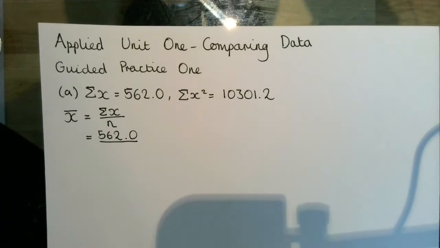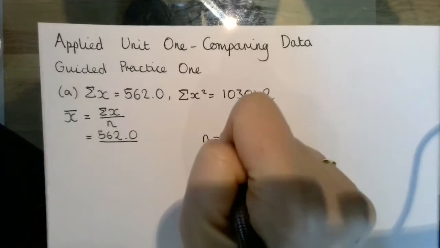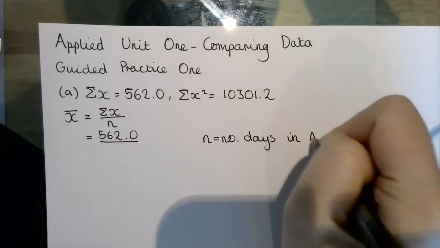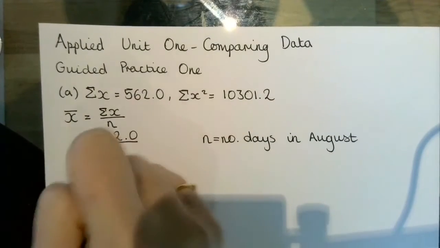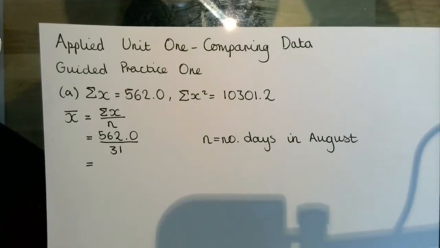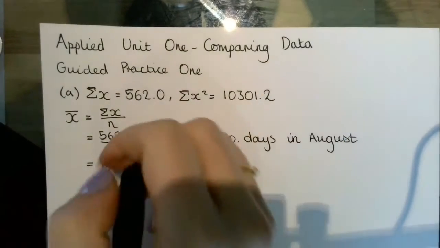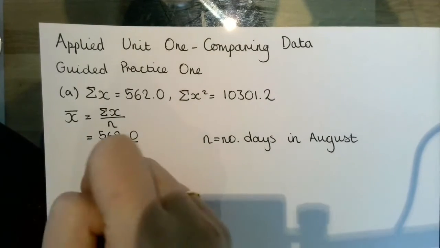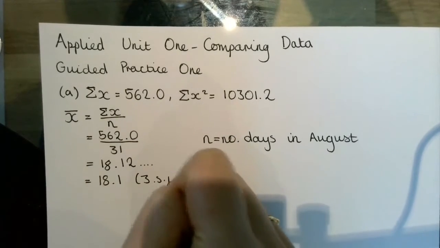And because we're looking at the daily mean temperature during August 2015, n will be the number of days in August, which is 31. So our mean is 18.12 and so on. I'm going to write that as 18.1 to 3 significant figures.